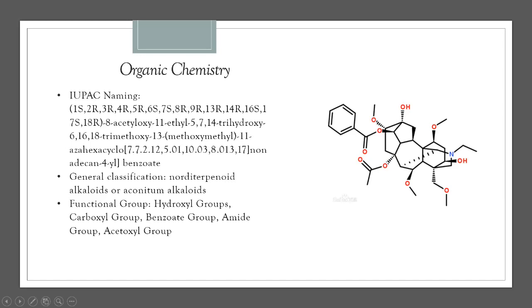For the functional groups, first there are hydroxyl groups over here. There are also carboxyl groups, and there's also a benzoate group, an amide group, and also an acetoxyl group.